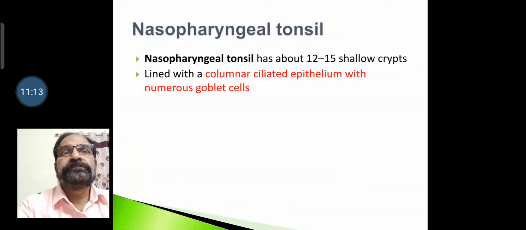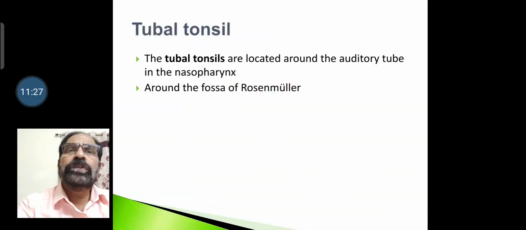Nasopharyngeal tonsil. Nasopharyngeal tonsil has about 12 to 15 shallow crypts lined with columnar ciliated epithelium with numerous goblet cells. Tubal tonsil. Tubal tonsils are located around the auditory tube in the nasopharynx, around the fossa of Rosenmuller.